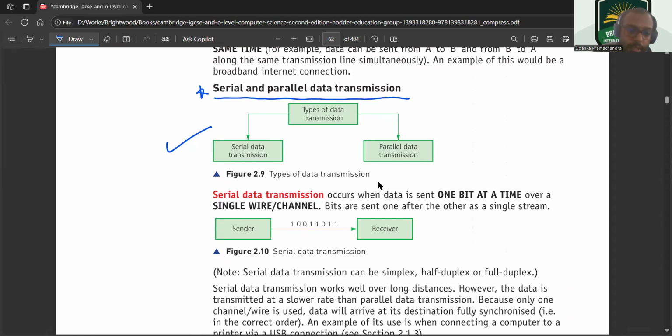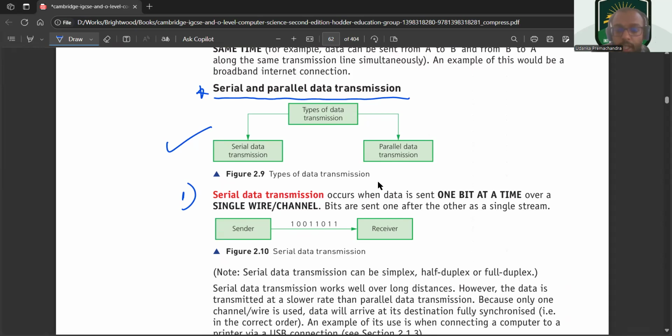The first thing, serial data transmission. Serial data transmission occurs when data is sent one bit at one time. What is the main thing? Only one bit can be transferred at one time, normally using a single wire channel.